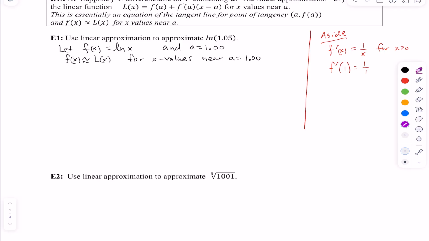Now, one good way to learn vocabulary is simply write the definition. So I'm going to go ahead and write the definition of the linear approximation for the function f of x. We're ready to substitute.